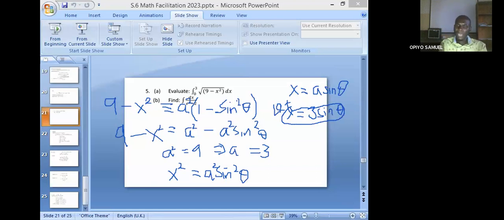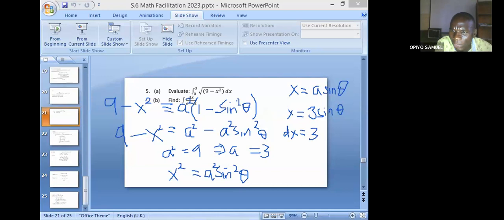So from here you can get dx by d theta. You get x in terms of theta, which is going to be 3. 3 is constant.